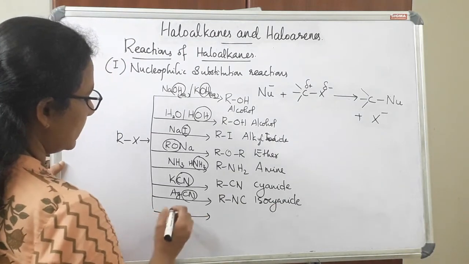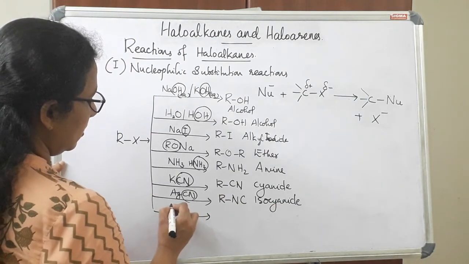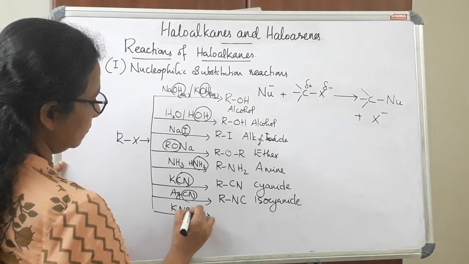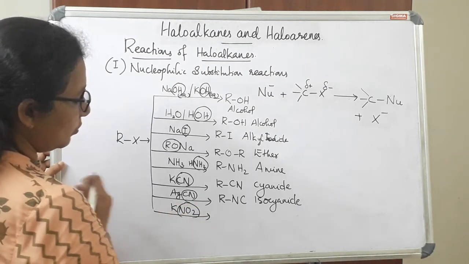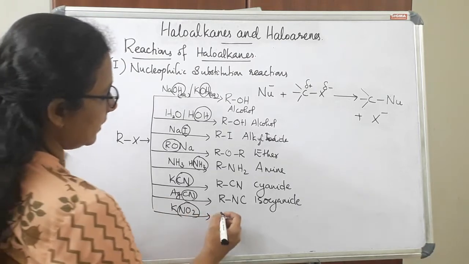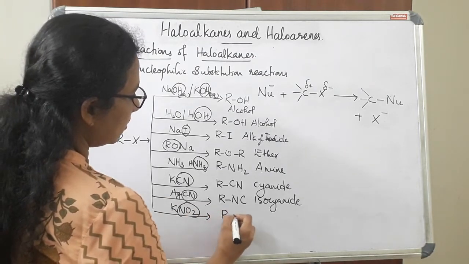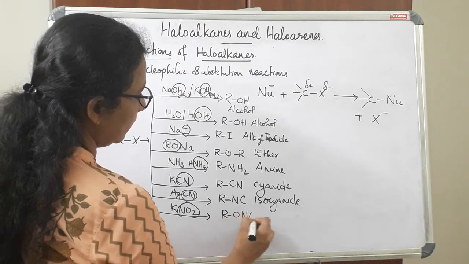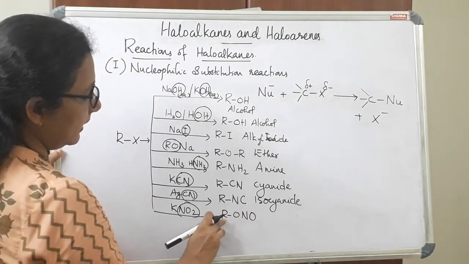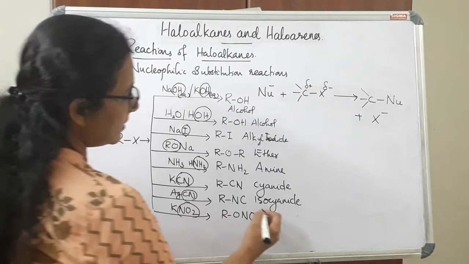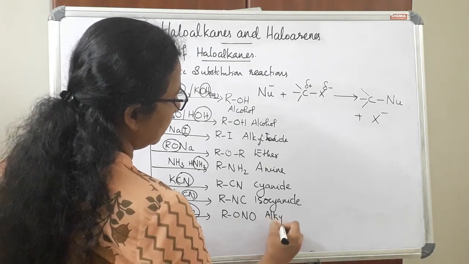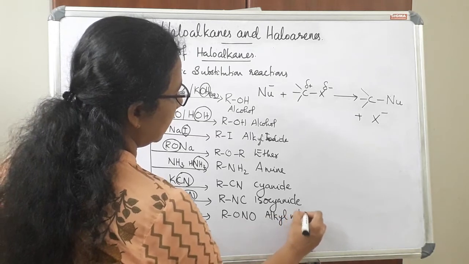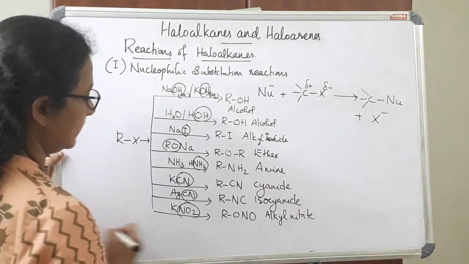Then the next one is KNO2. In KNO2, the NO2 part is the nucleophilic part, and we will get RONO. Here O will be linked here, and this is called alkyl nitrite.